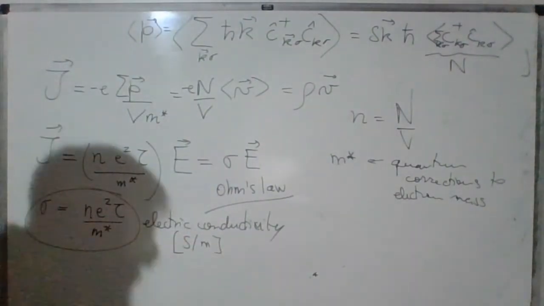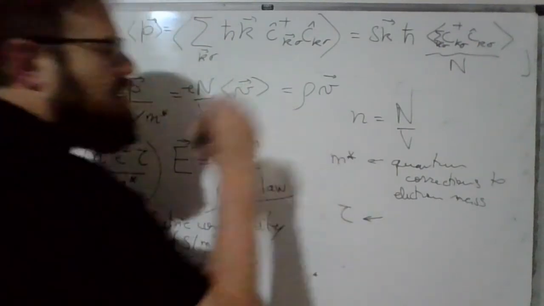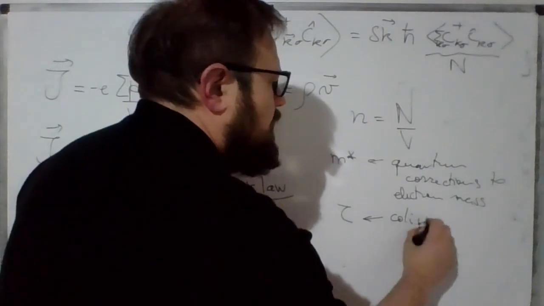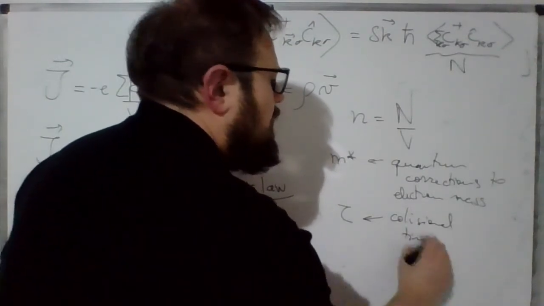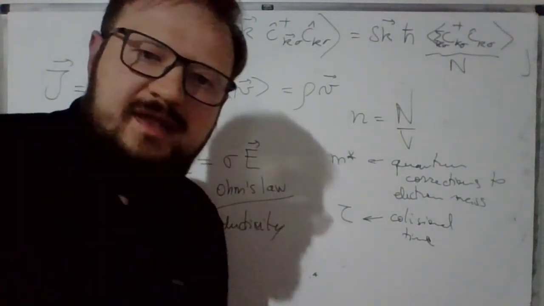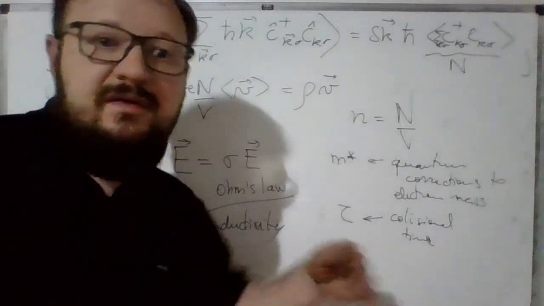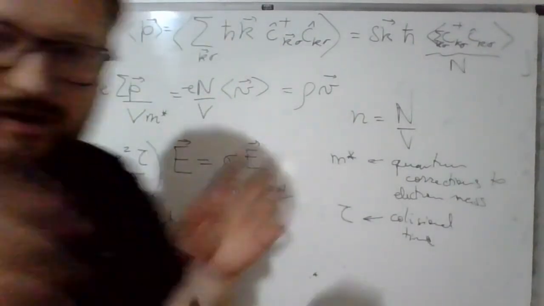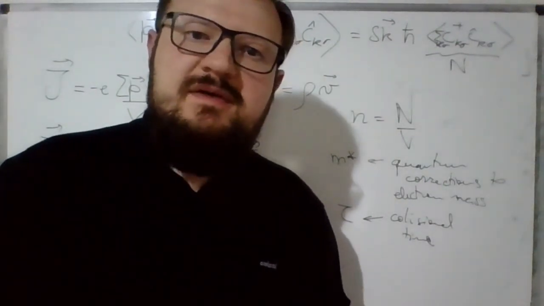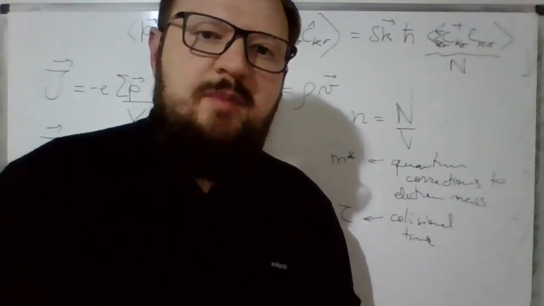And of course, there are quantum mechanical effects on this object here, the collisional time. This depends on phonons, on vibrations of the lattice, and the phonons can be very crudely approximated by a Bose gas of spin zero particles.